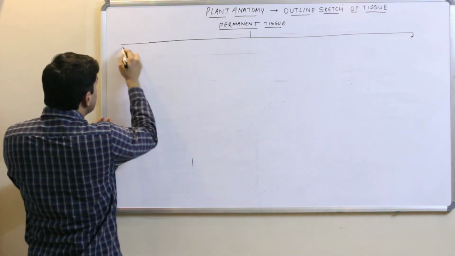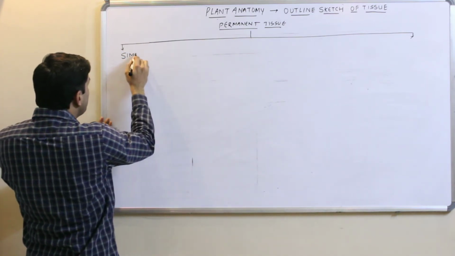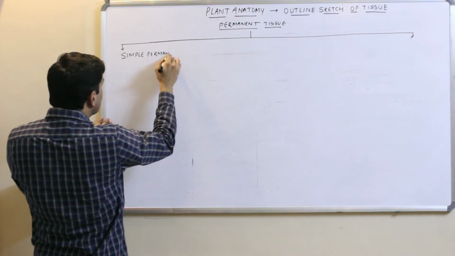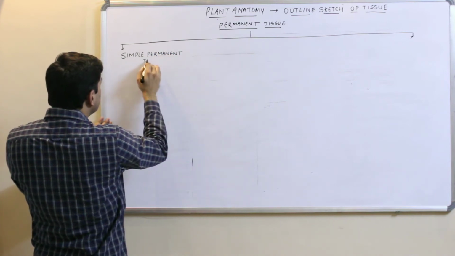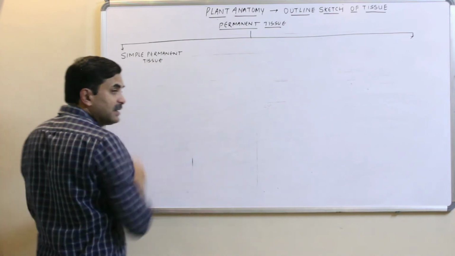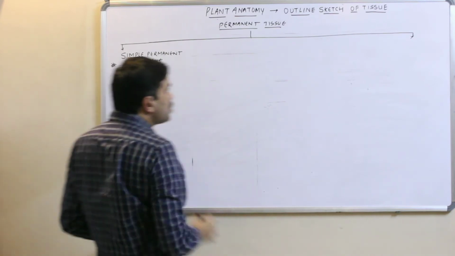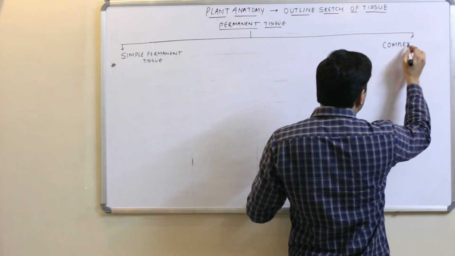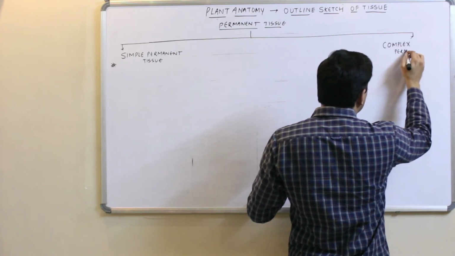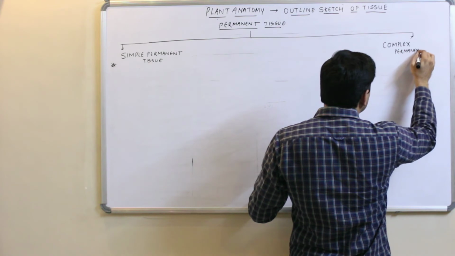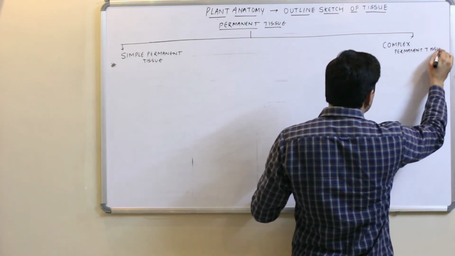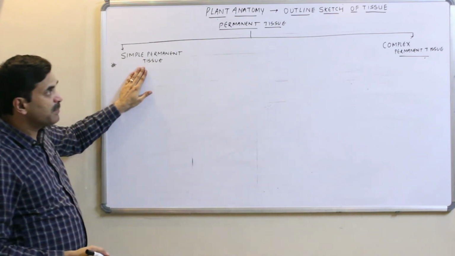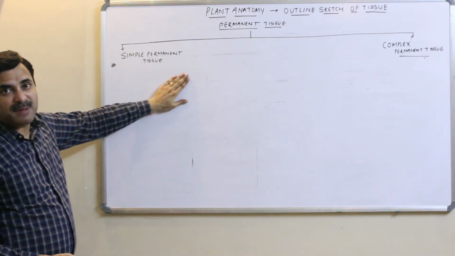One is known as simple permanent tissue and another is known as complex permanent tissue. Alright, so permanent tissues are classified into two categories: simple permanent tissue and complex permanent tissue.